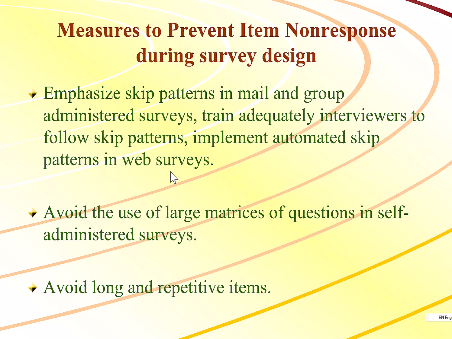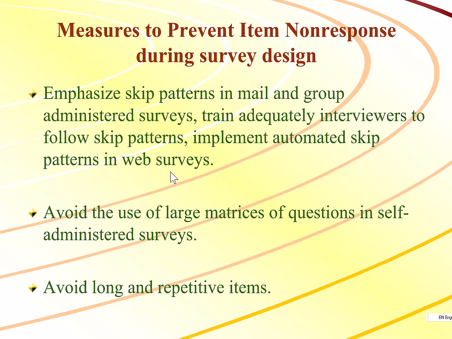Now, if they're skipping questions for reasons related to the question itself, like there is a question about binge drinking, and they are skipping it because they are engaged in binge drinking regularly, that provides data that's missing not at random, and it's very problematic. It's hard to deal with.